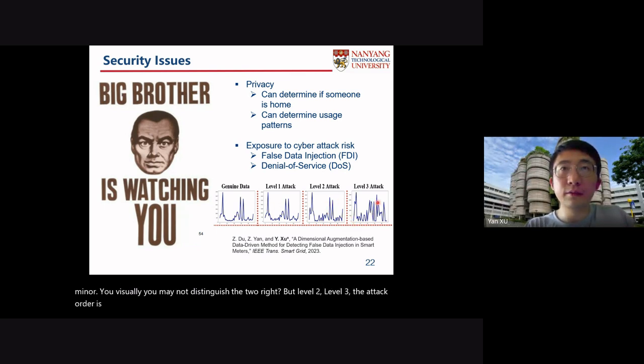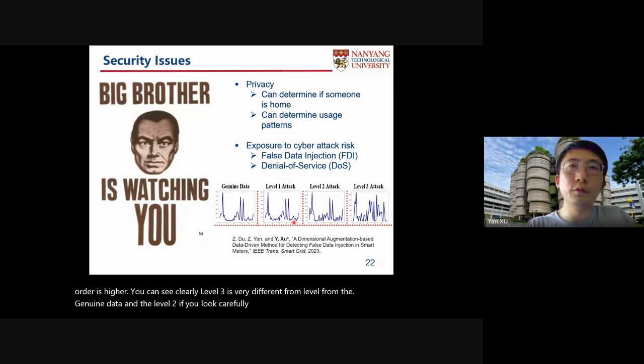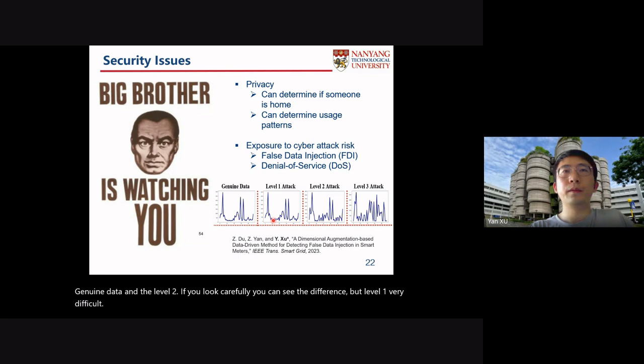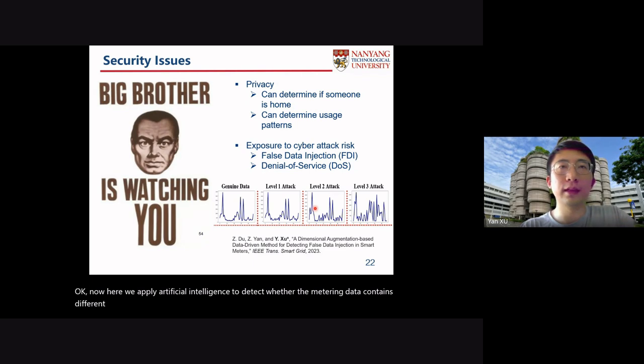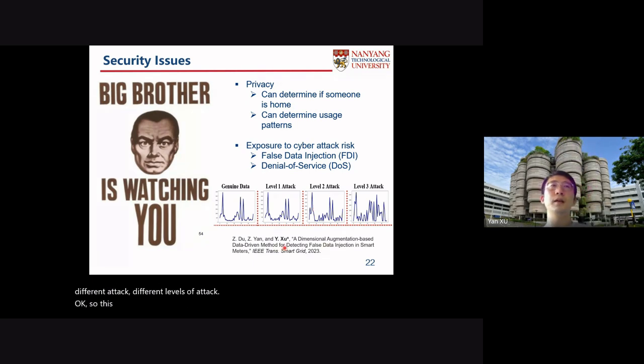You can see clearly level 3 is very different from the genuine data. And for level 2, if you look carefully, you can see the difference. But level 1 is very difficult. Here we apply artificial intelligence to detect whether the metering data contains different levels of attack. So this is also our latest research work.